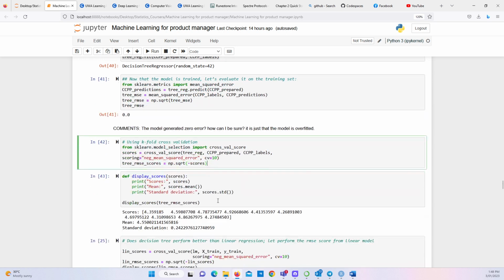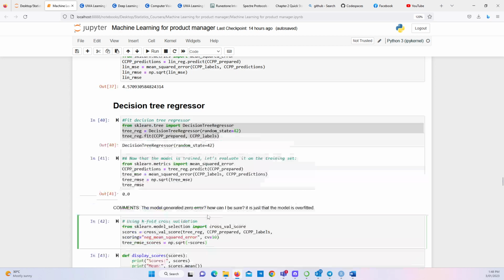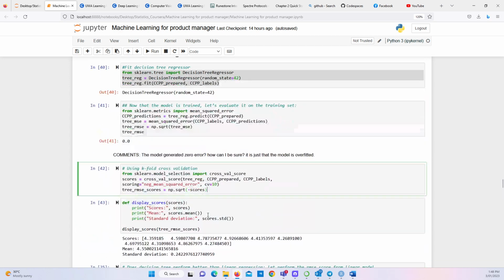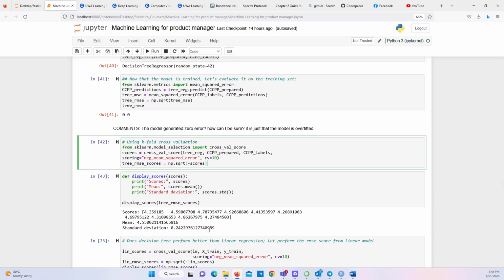And if you look at the scores, 4.3, 4.5, 4.7, right? So it's small. It's just that the decision tree is not a good model, and it just overfits the data.